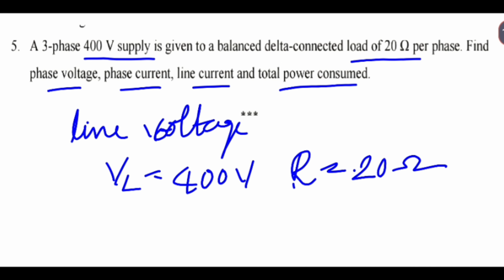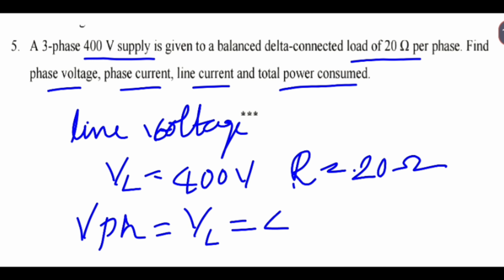Phase voltage, in this case phase voltage VPH is equal to the line voltage, that is 400 volt. The first question you got the answer: phase voltage is the same as the line voltage.